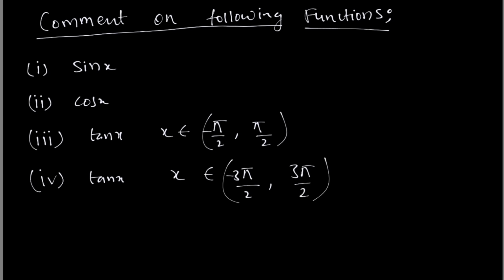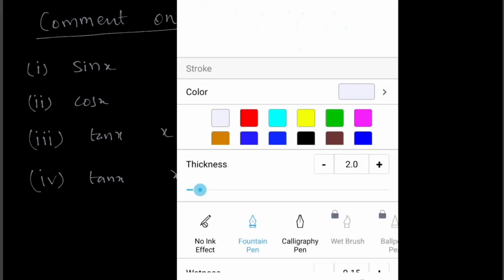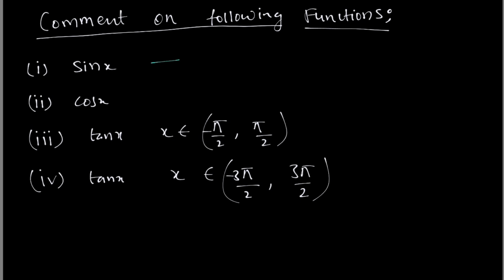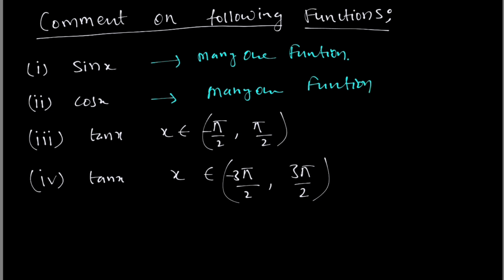Let me tell you within short. When you do the horizontal line test, it cuts the sin x curve many times, more than once. We call this a many-one function. And cos x is also a many-one function.